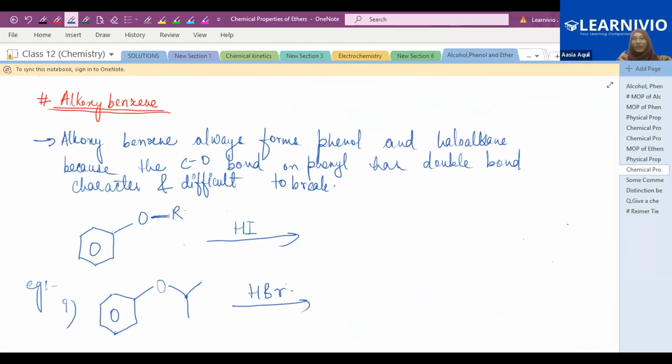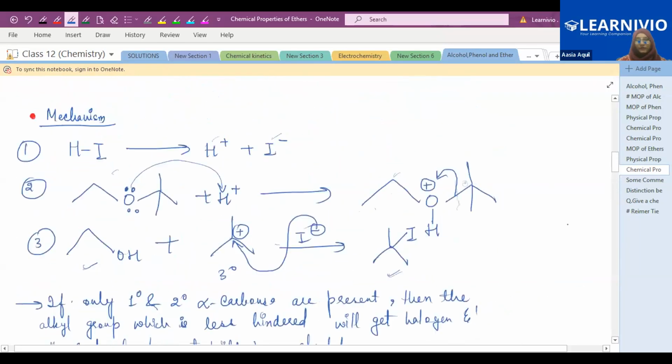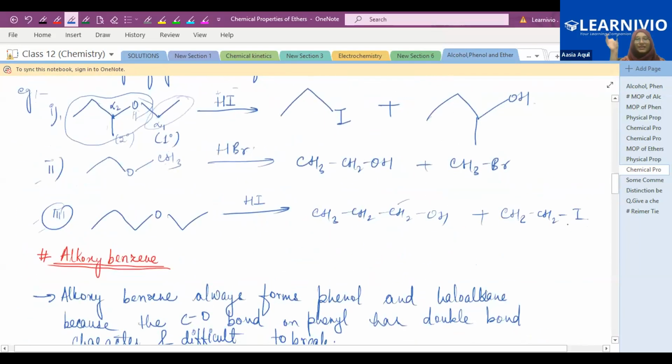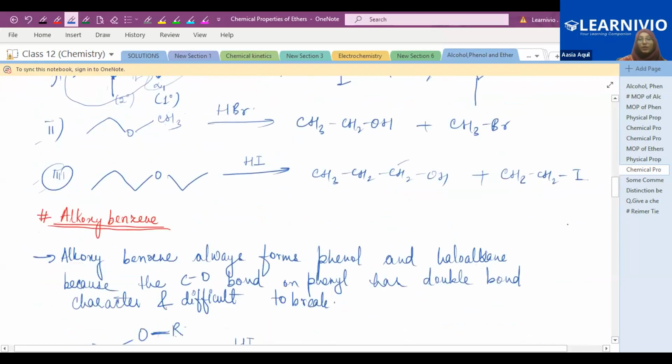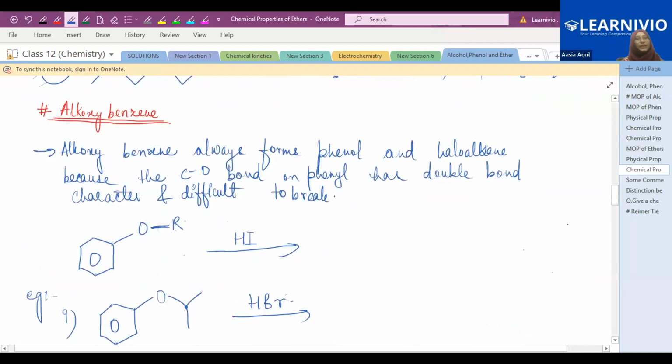In the case where both sides have an alkyl group attached, you will prepare the alcohol plus haloalkane. But if one group is an aryl group and the second group is an alkyl group, then here you will prepare the phenol plus haloalkane. Phenol plus haloalkane if you have alkoxybenzene.